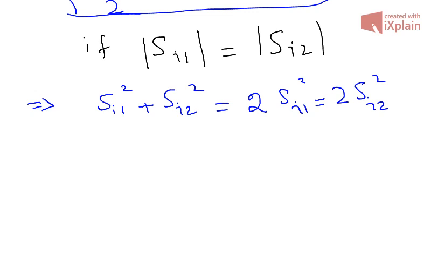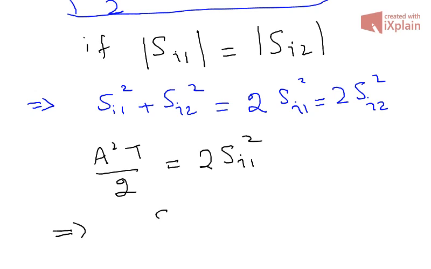And if this is the case, then we can write our expression A square T over 2 is equal to 2 times psi1 square or psi2 square, it's up to you. So you can see that your psi1 square is equal to A square T over 4.